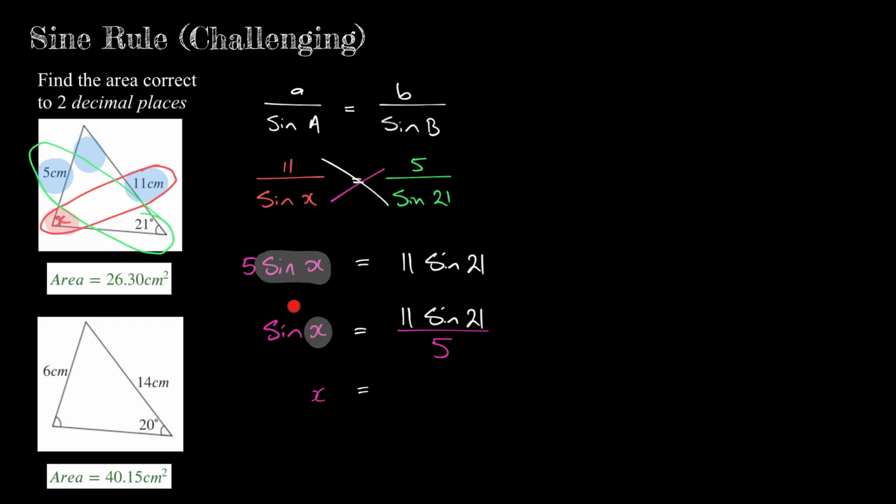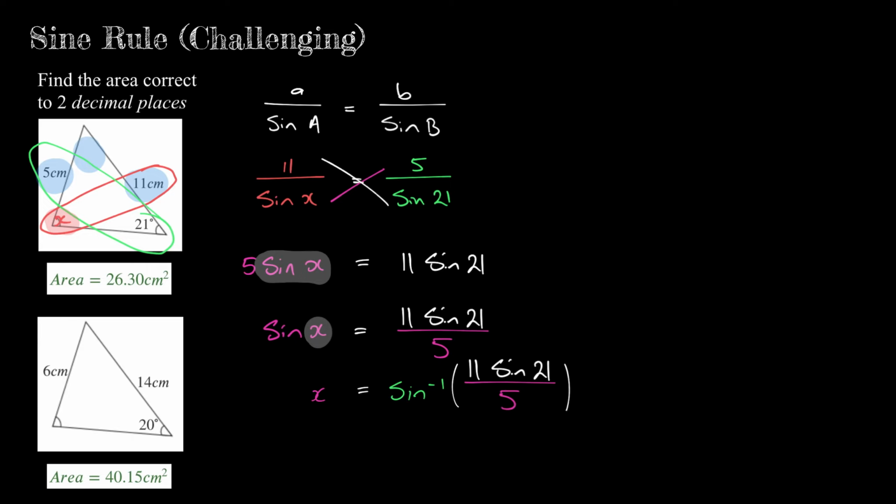So the opposite to getting the sine of x is getting the inverse. So sine inverse of everything that we had there, which was 11 sine 21 all over 5. I'm just going to put that in brackets. So that will tell us what x is equal to.